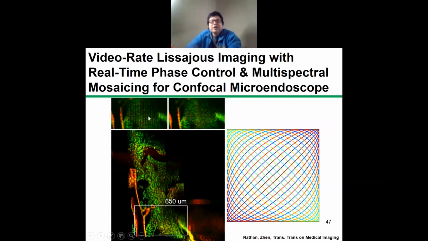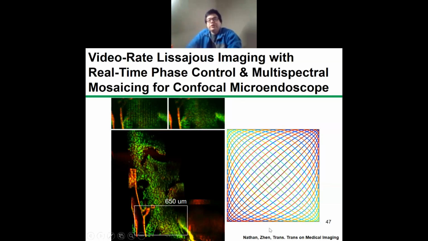Each frame is relatively small, but if you do real-time mosaicing, and this is on a mouse brain, you can see the blood vessel, and the other color is for the morphology. So essentially you get a larger field of view. Every single frame is around 650, but when you move around and real-time mosaic it, you can randomly move around the tissue based on the algorithm.